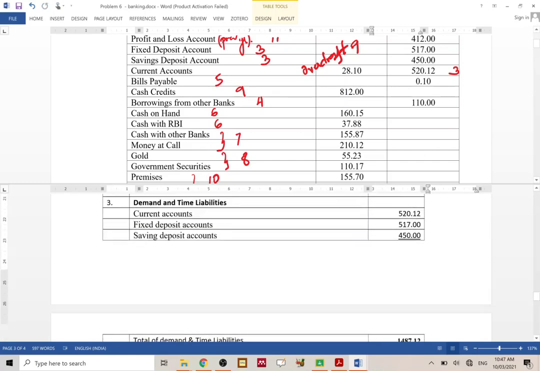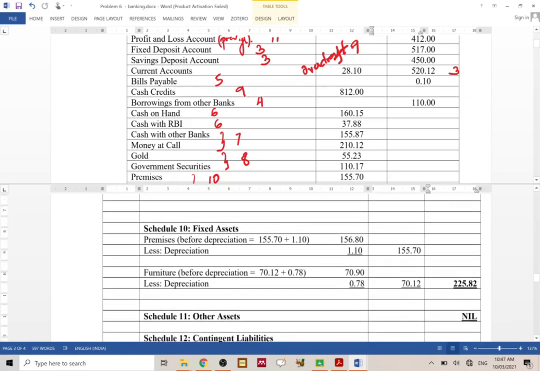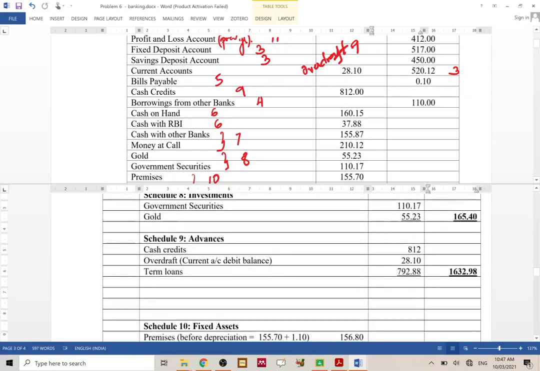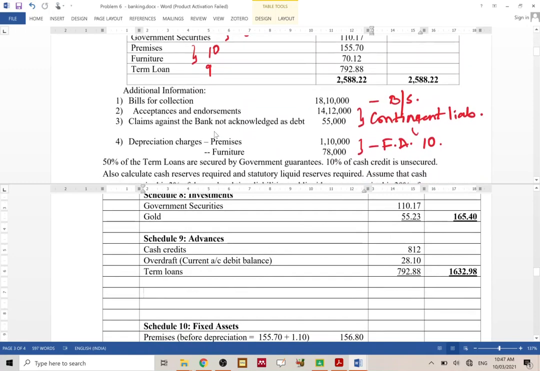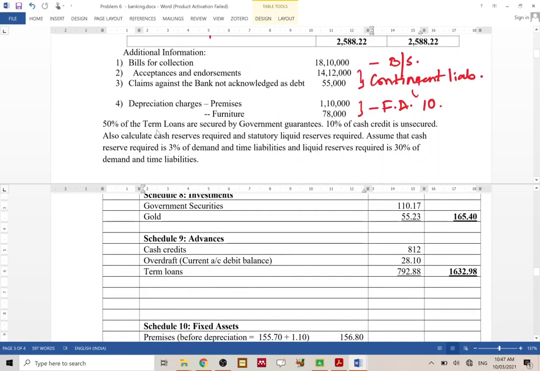So all the schedules are ready to go into the balance sheet. We said there was one adjustment, which spoke of how much is government securities and how much of cash credit is secured or unsecured. So just as a note, we will mention this over here.